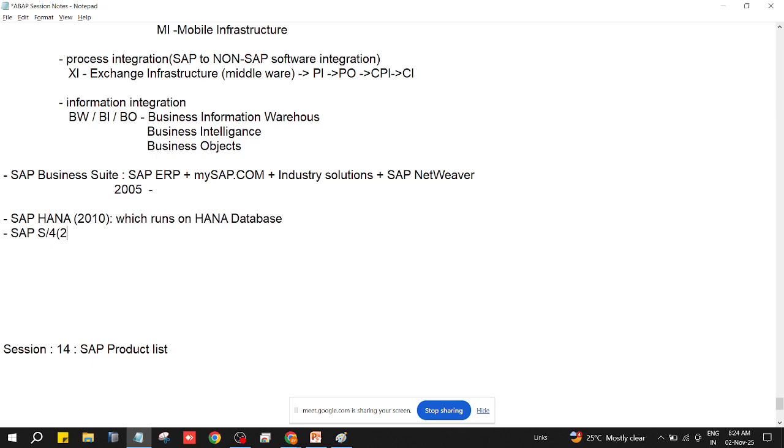Then almost 2014 and 15 level, SAP S4 HANA was also introduced. Now the current one is SAP HANA only, the cloud. The SAP software is available in two types. That is nothing but HANA Cloud. So till date, 2025 also.